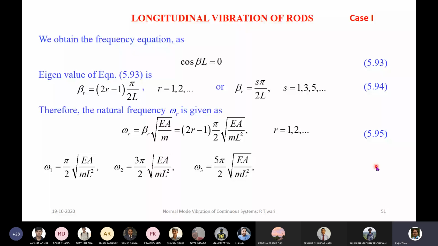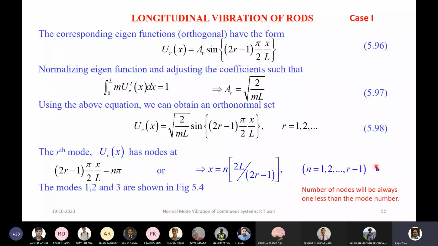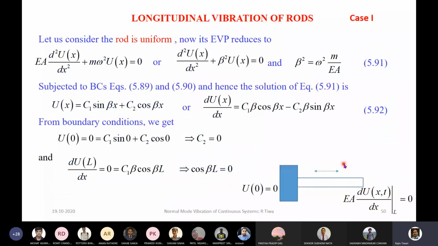Now the normalization of the eigenfunction. So what is the eigenfunction here? You can go back to the previous slide. Here we got C2 equal to 0. So once C2 is 0, U(x) equal to C1 sine beta x is the eigenfunction.